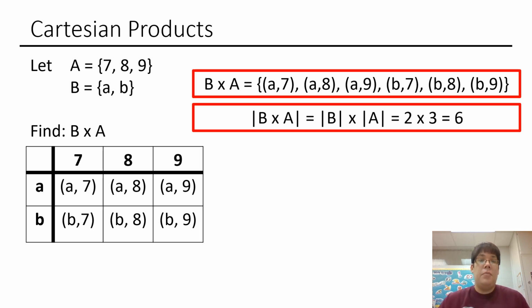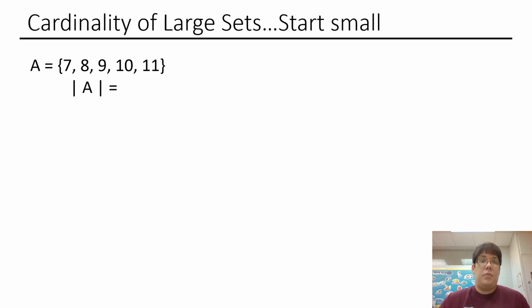Okay, now let's continue talking about cardinality, but this time I want us to think about the cardinality of large sets. Nobody wants to sit there and count how many elements are in extremely large sets. But in order to come up with a pattern, let's start with some small sets and see if we can figure this out.